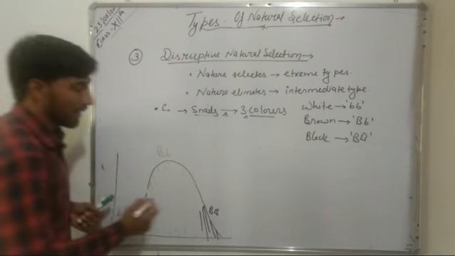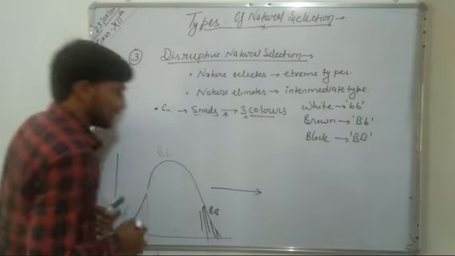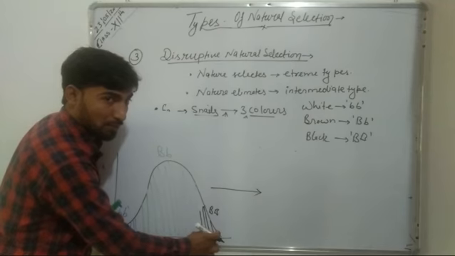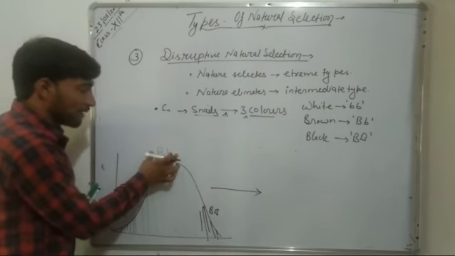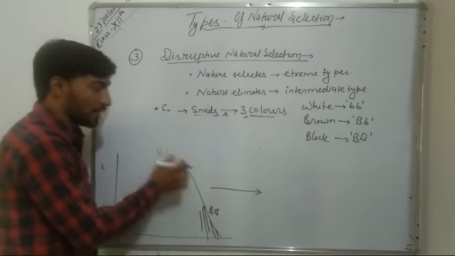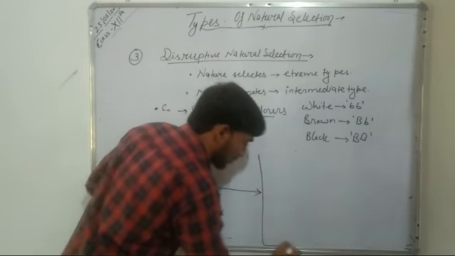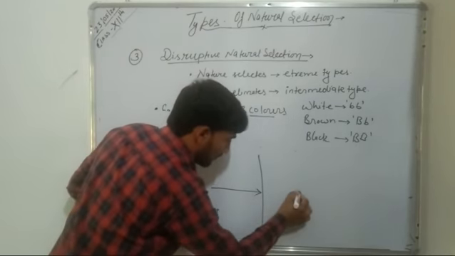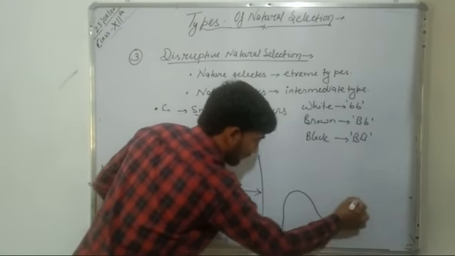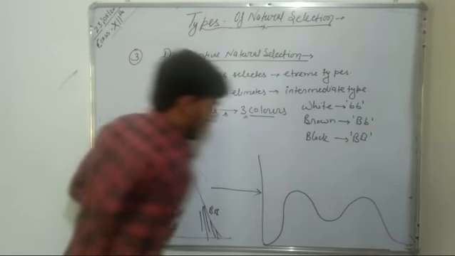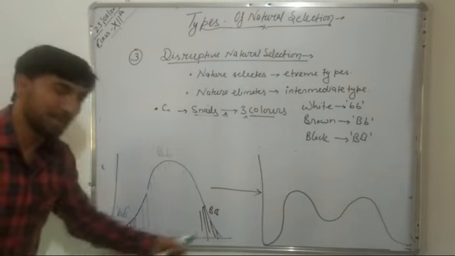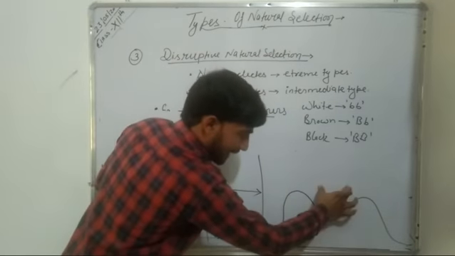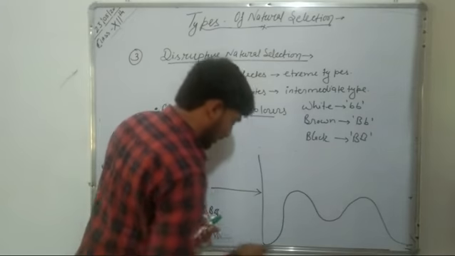But what nature selects after some time? Because the white were able to prevent themselves from predation and the black were able to prevent themselves from predation, but these brown colored snails were unable to prevent themselves. So the population of white and black increased in number, that is, the extreme positions increased in number and the intermediate decreased in number.